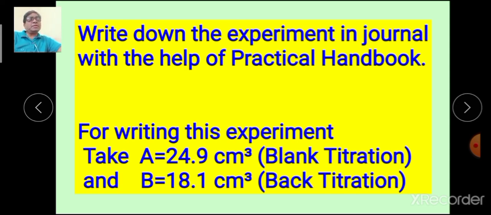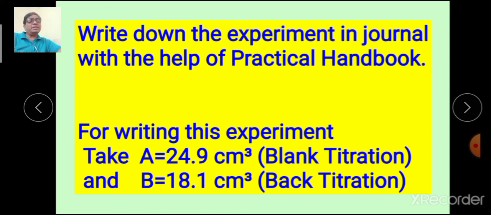Now as journals are not with you, you have to write the practicals on foolscap paper and submit the result with your name and roll number on the mail of our chemistry department.